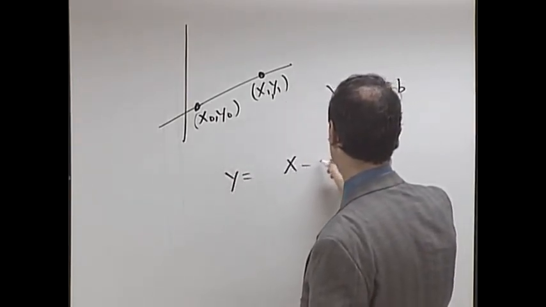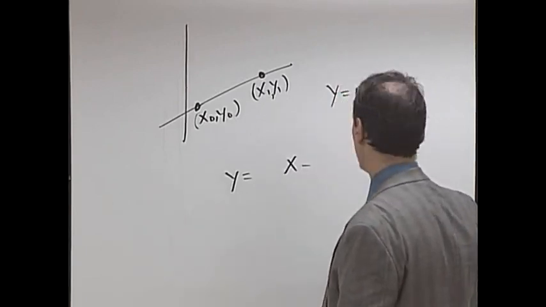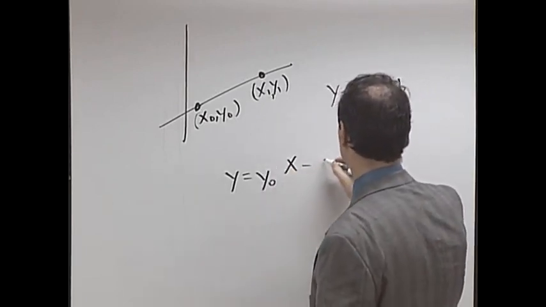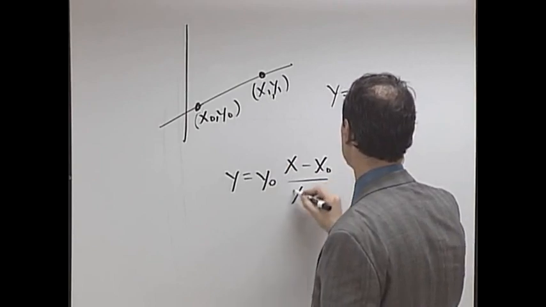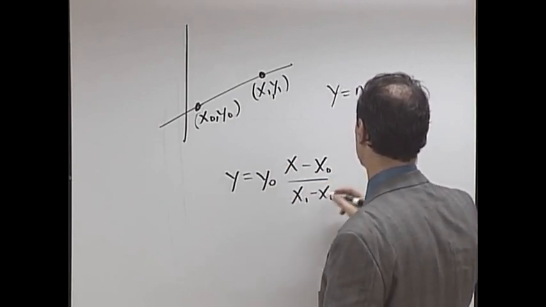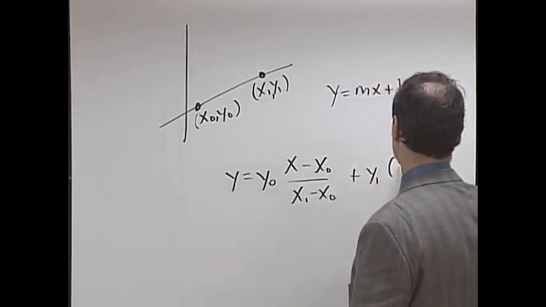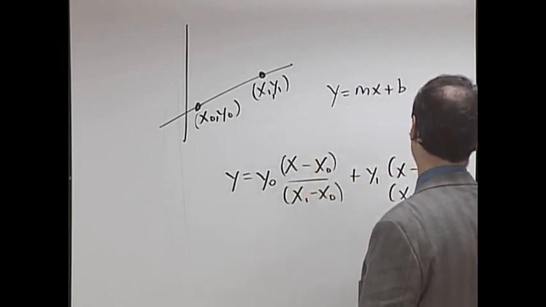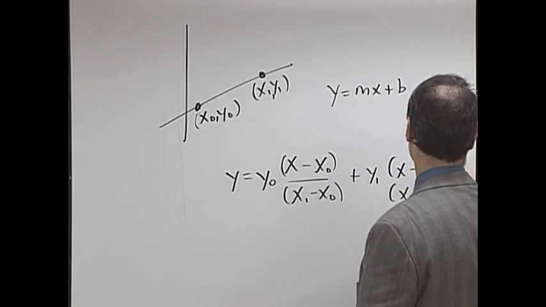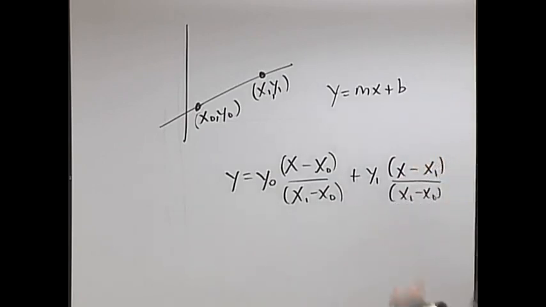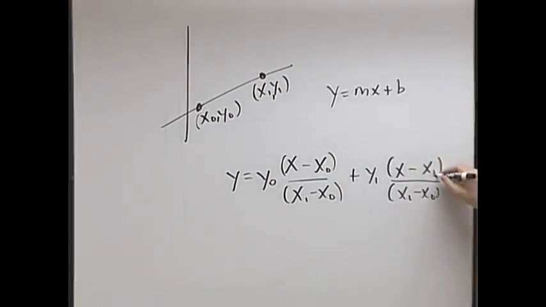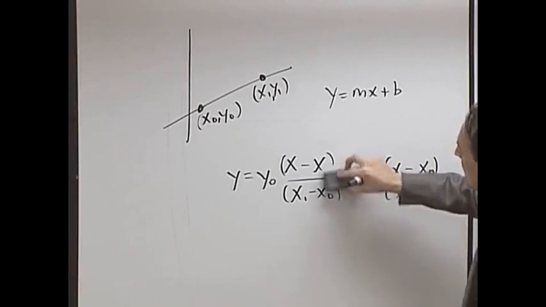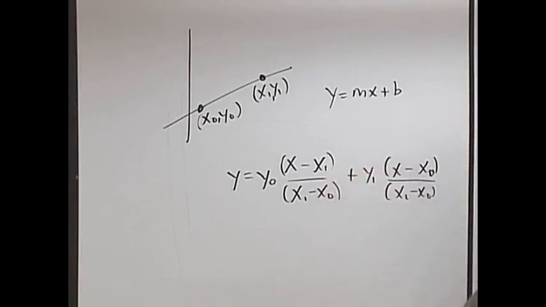I have x minus, let me just try to get this right. Without doing any algebra ahead of time, I can just write it down. I'll tell you what I just did.